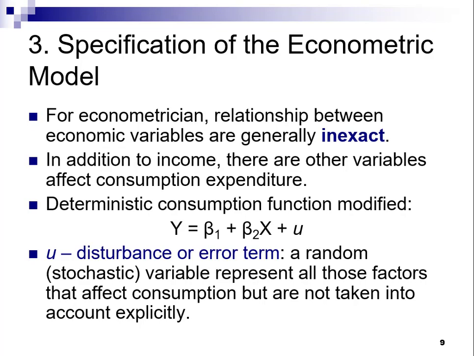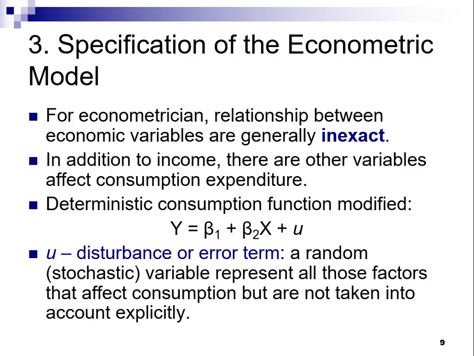Specification of econometric model. For econometricians, the relationships between economic variables are generally inexact. In addition to income, there are other variables that might affect consumption or expenditure. Deterministic consumption function modified: y is equal to beta 1 plus beta 2 x plus error term.